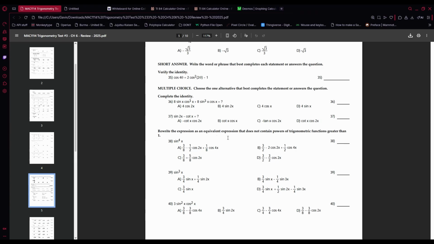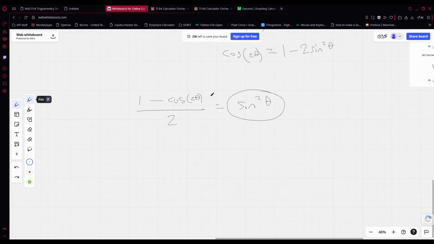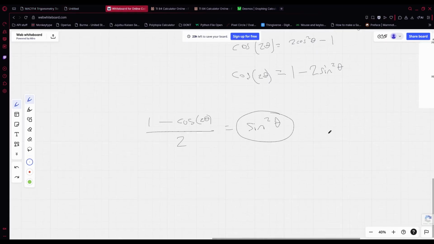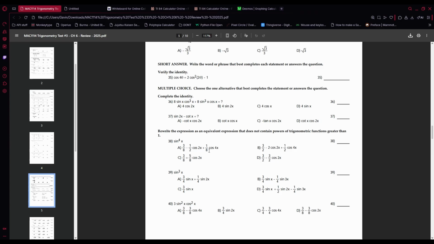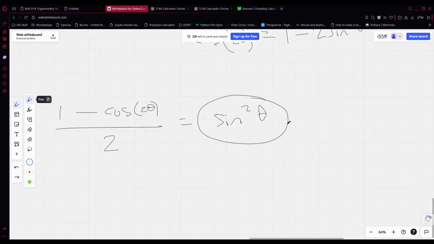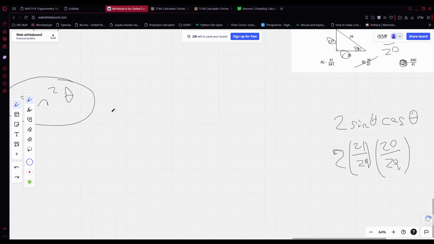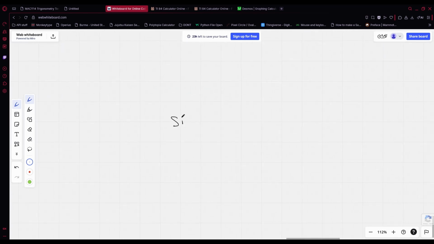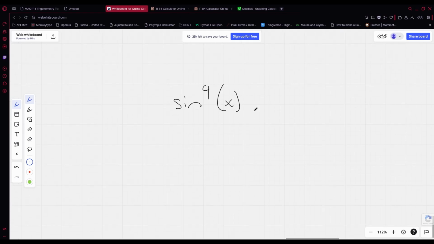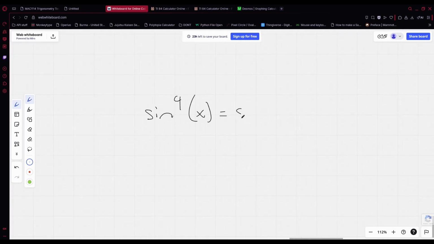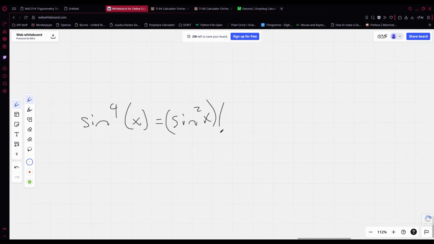So, great, you might be saying. Okay, we can get rid of the power now, right? No, of course not. It's never that easy. Because this is 4. How are we going to get rid of the 4? Well, here's what we do. We say sine 4x is equal to sine 2x times sine 2x.